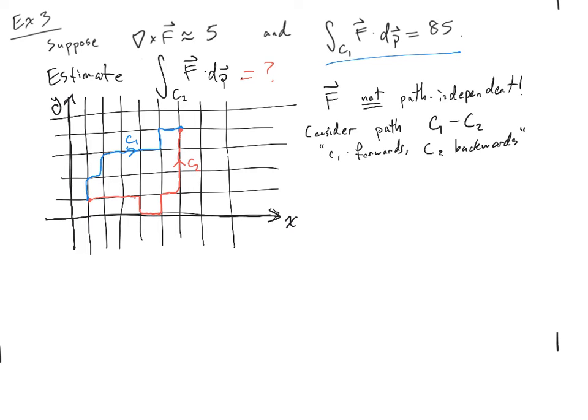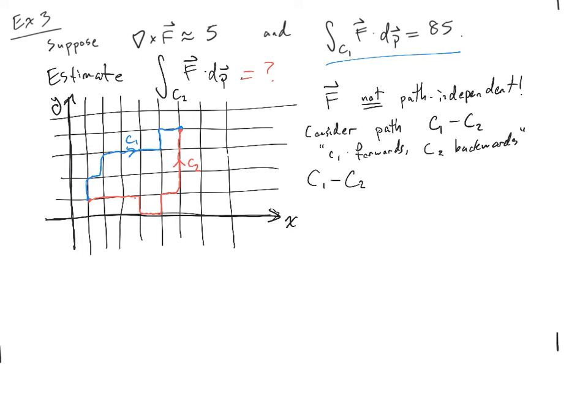So just like with ordinary integrals, we can add path integrals, and you see this in the textbook. You can add path integrals as long as you can concatenate where they start and stop. So you can do C1 and then do C2 going backwards, but you can't do C1 going forwards and then C2 going forwards. Those are just two different integrals. But if you do C1 going forwards and then C2 going backwards, you've created a big loop.